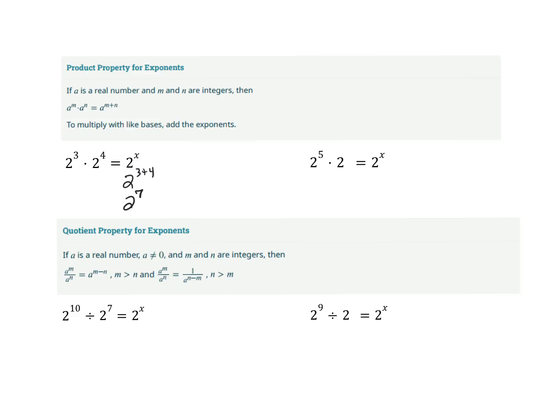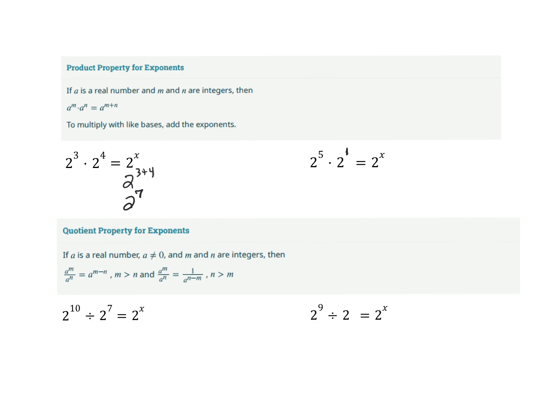Let's go ahead and look at the next example of the product property for exponents. We have 2 to the 5th power times 2. And now in this example, what does it mean when we don't see an exponent? A common mistake that students make is they think that this means that there is no exponent, but remember, when we don't see an exponent, we can put a 1 there.